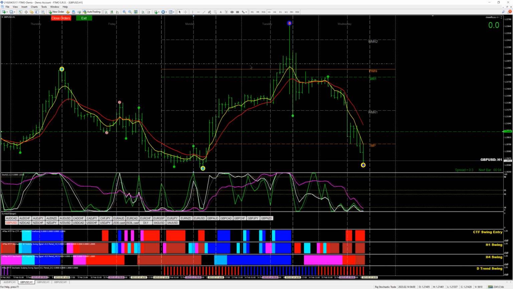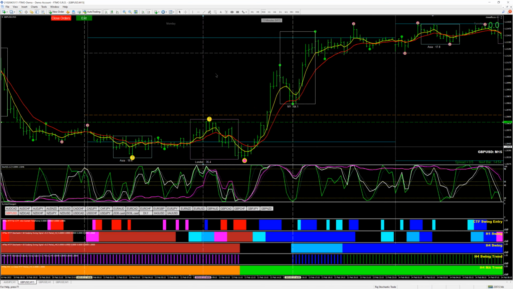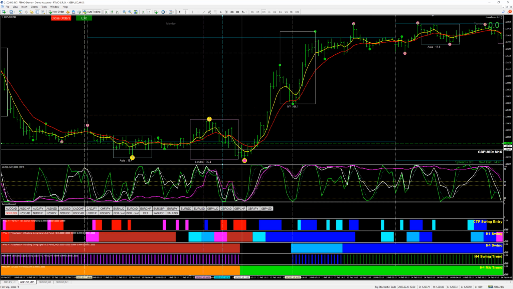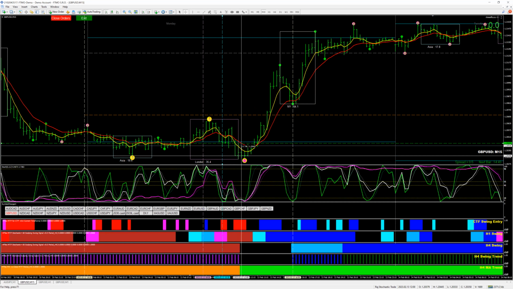So 15-minute, let's look at the 15-minute trade and see what we get. And there's the entry. Exit is right there. And that's 11 pips.